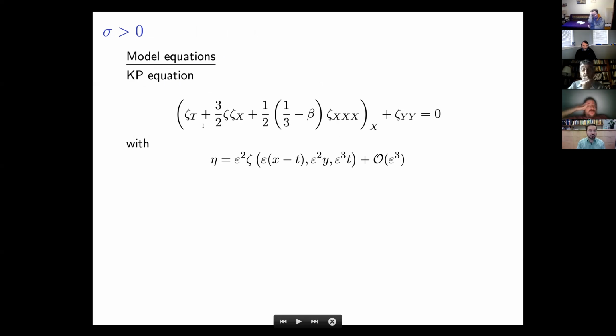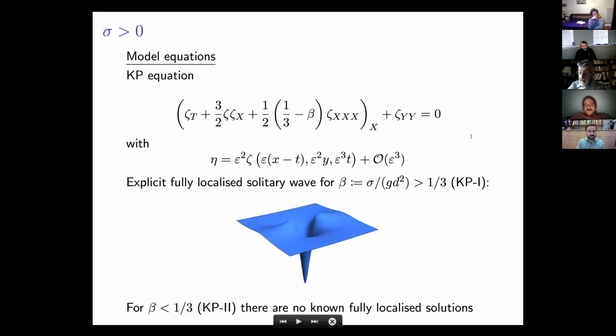So there are 2 model equations I will mention. So one is the KP equation. So this is a model equation which works for all values of the Bond number. But what you assume is essentially that you have long waves, and then sort of the scaling is even longer in the transverse direction, and small amplitude, of course. So this is like a 2D version of the KdV equation.